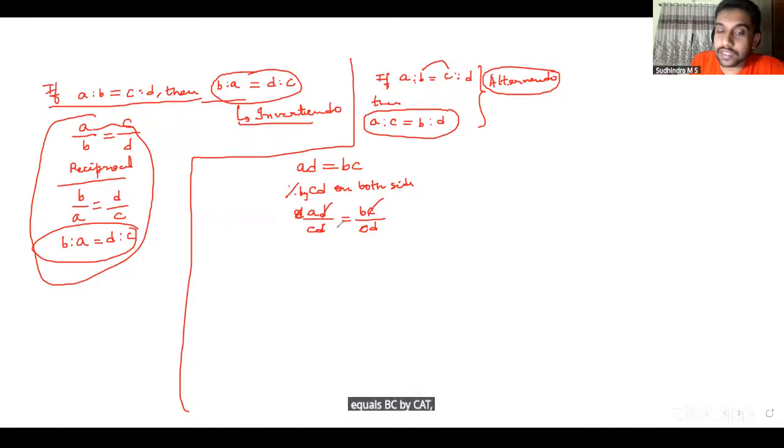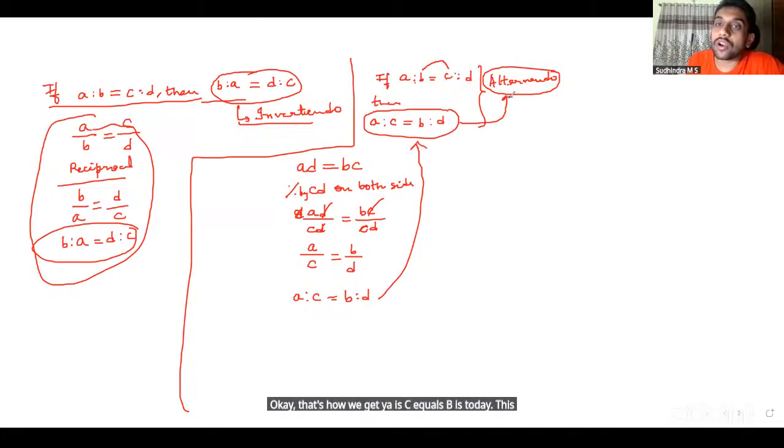D and D, C and C get cancelled. A by C equals B by D. Convert this into ratio: A is to C equals B is to D. That's how we get it. This property is called alternando. Can we make a note of this?